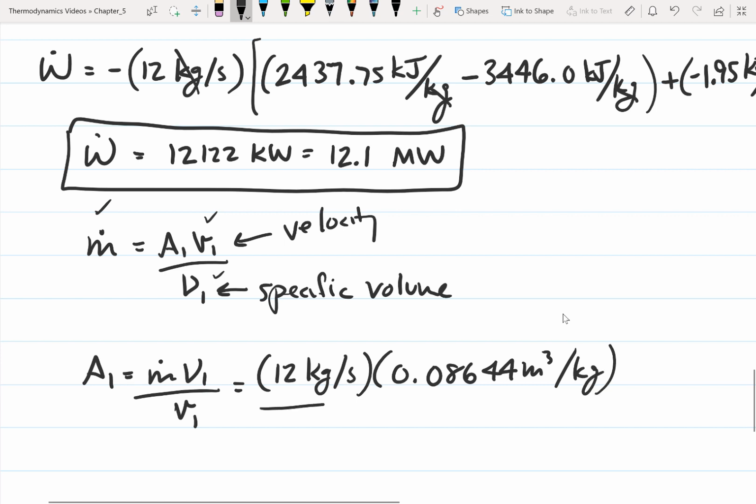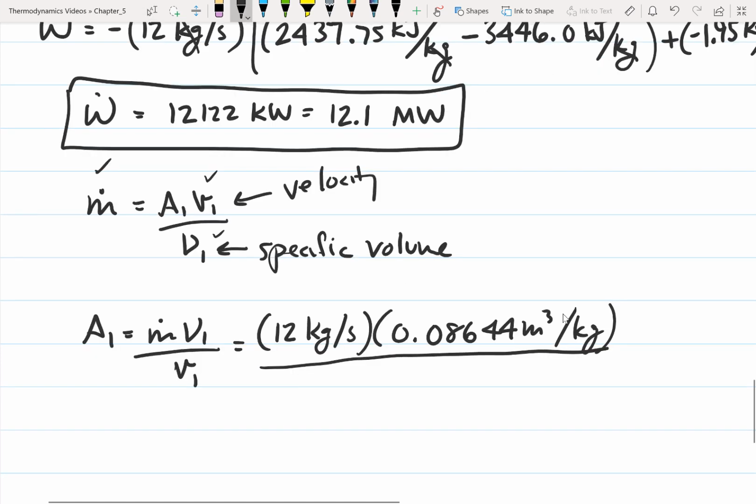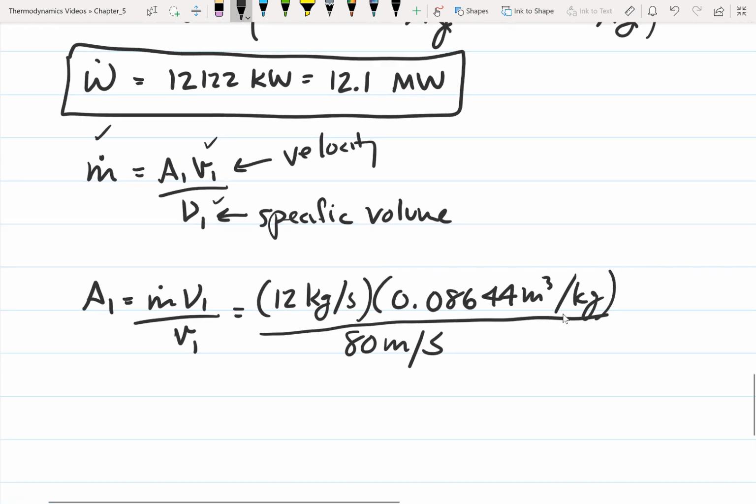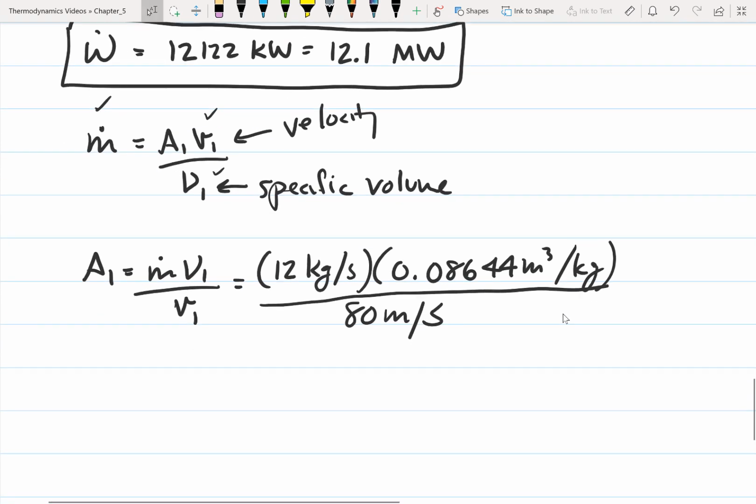And remember, this is what we looked up. And then we have 80 meters per second for the inlet velocity. Let's make sure our units work out. So the kilograms cancel, seconds cancel, and this cancels, and we're left with meters squared, which is what we want for an area. So this works out to 0.013 meters squared.